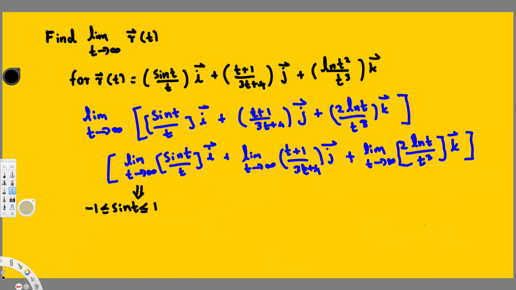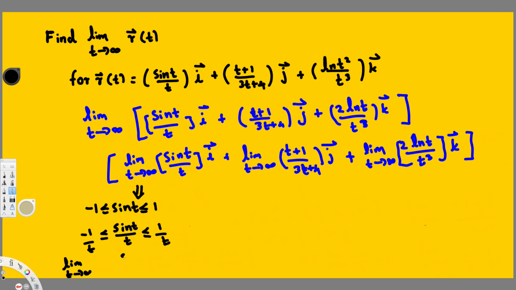So if this is true, then sine t over t is going to be between -1 over t and +1 over t.